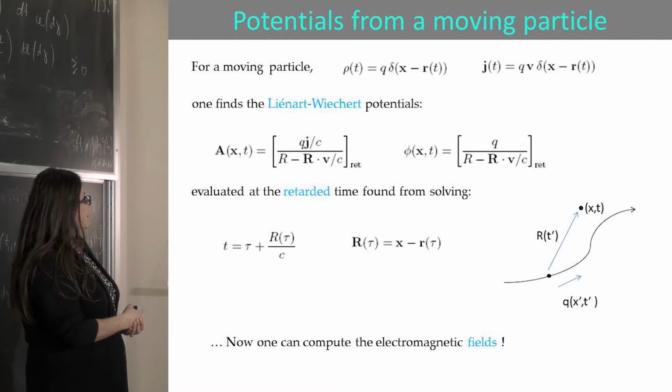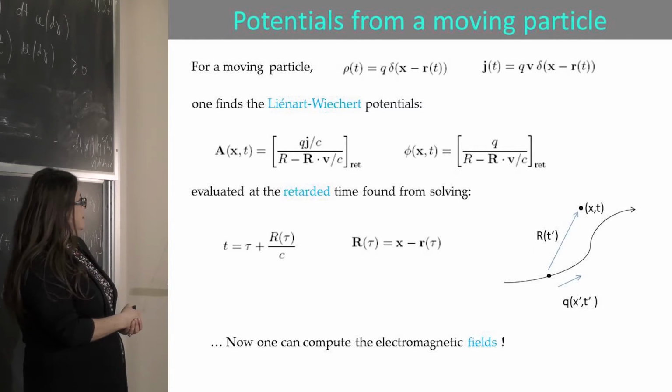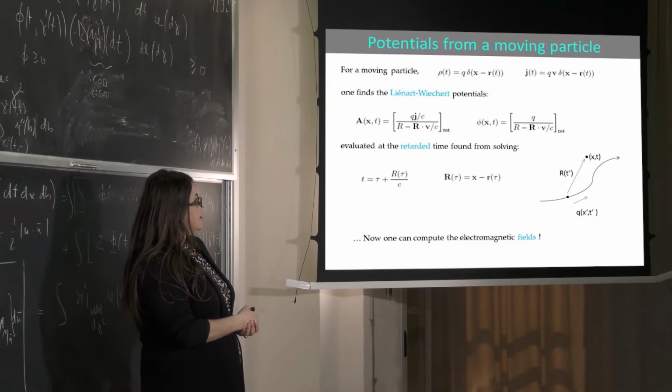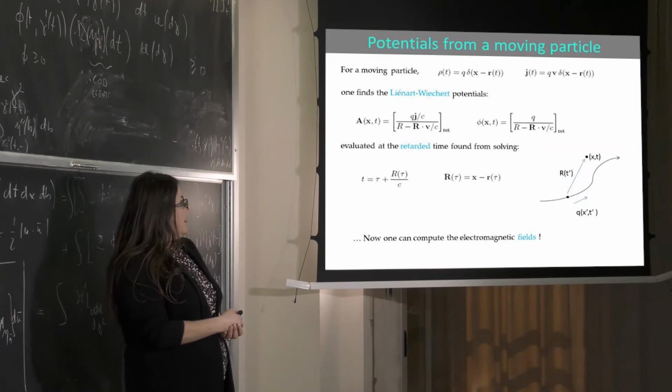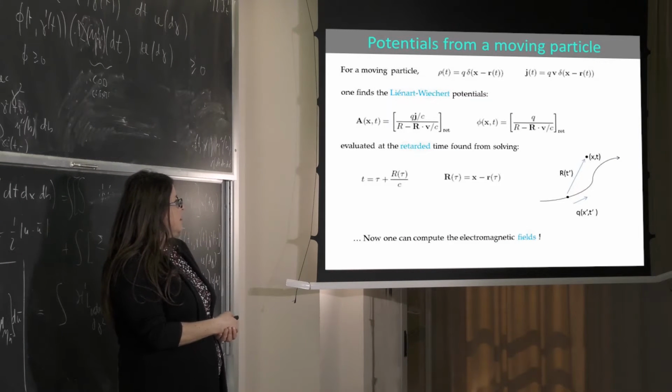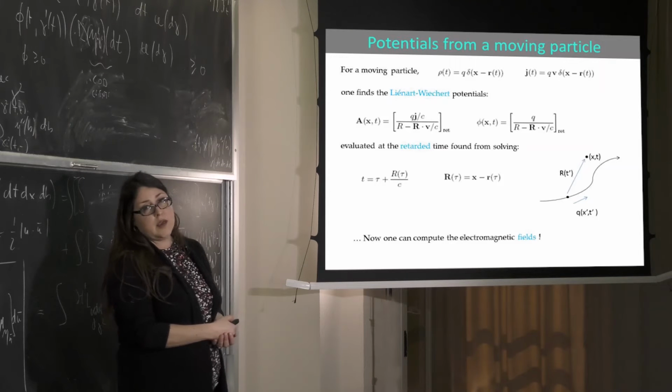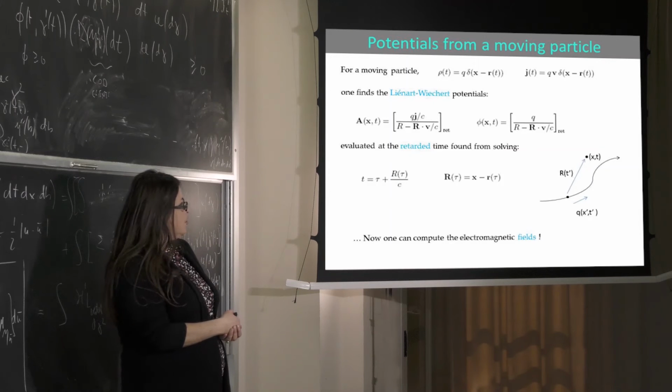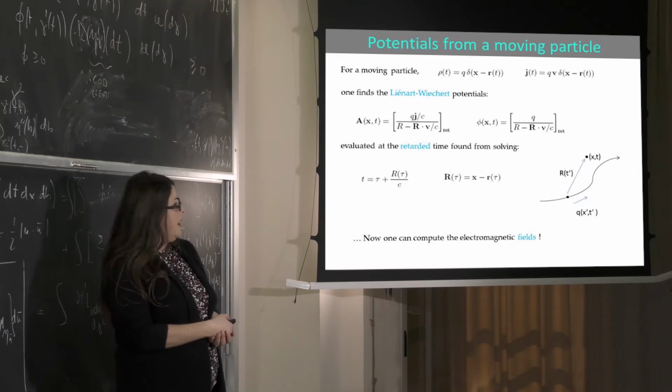Okay, so the potentials at x and t depend on the status of the charge and of the current at the retarded time. The retarded time can be easily found if you know the trajectory of the particle.